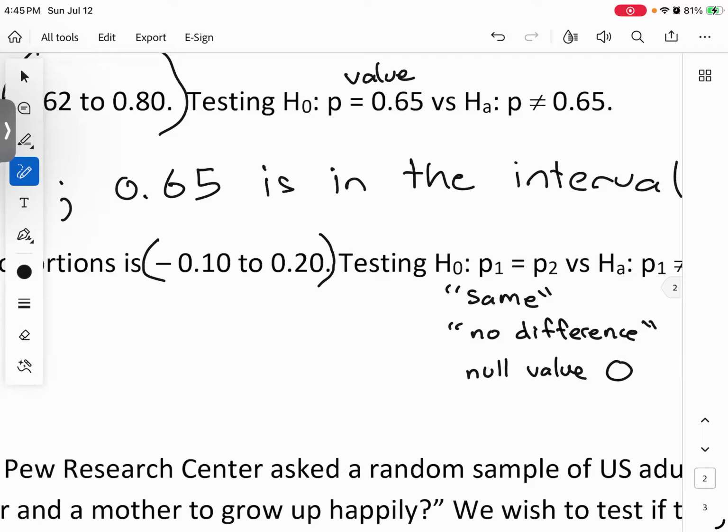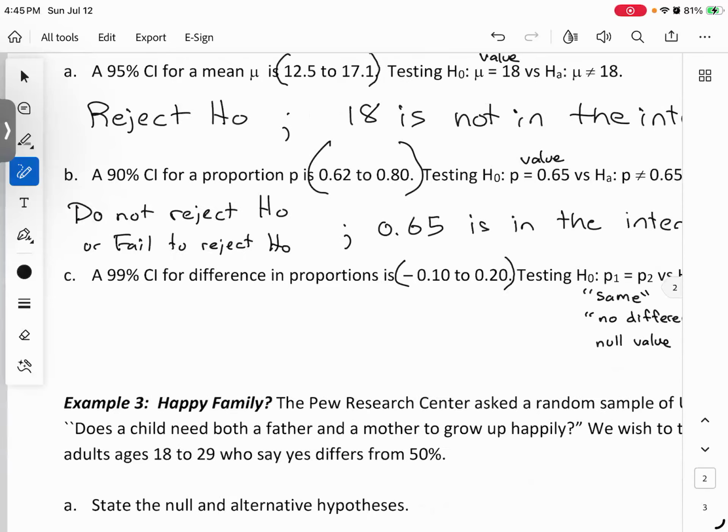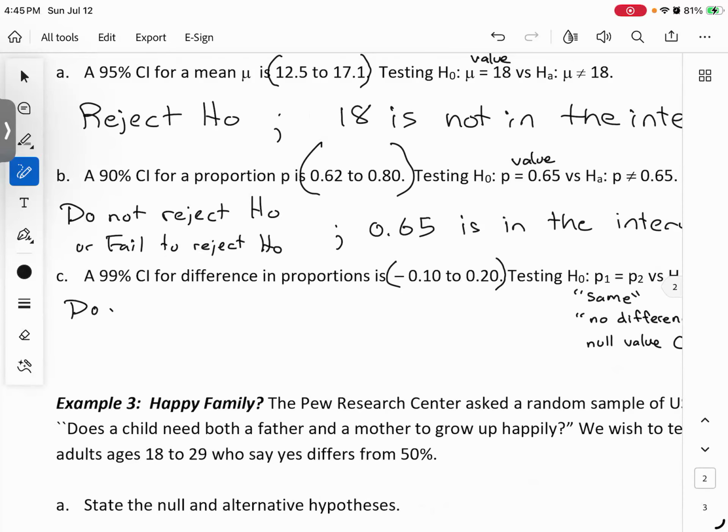So 0 is in there, which means we can't reject it. Now, again, this was not asking for any kind of explanation, but if we did, it would be really short and sweet. 0 is in the interval.